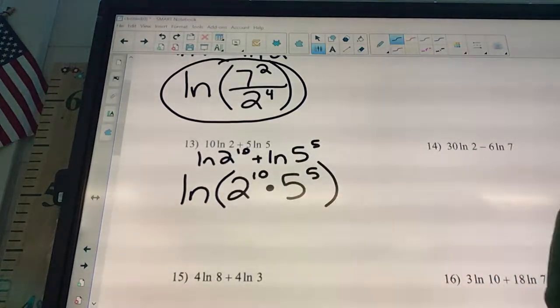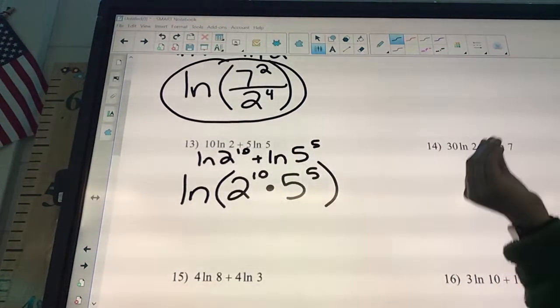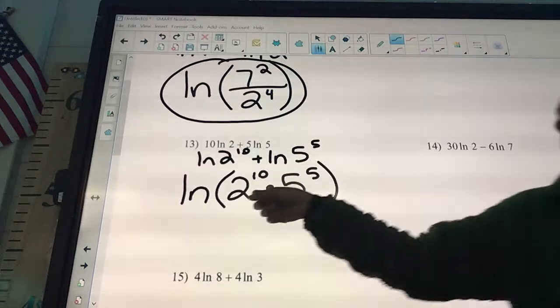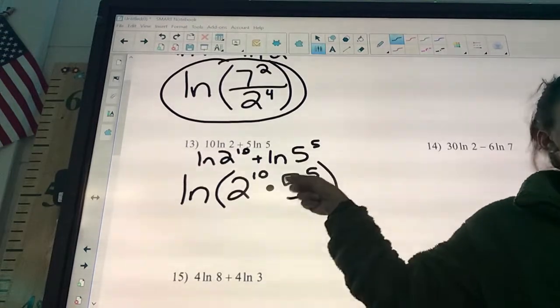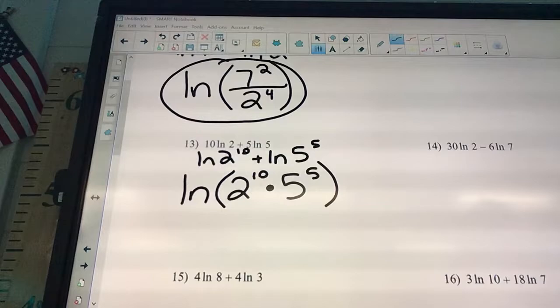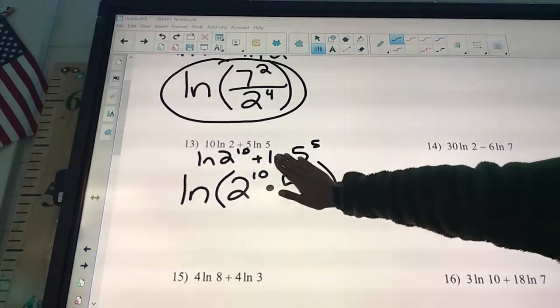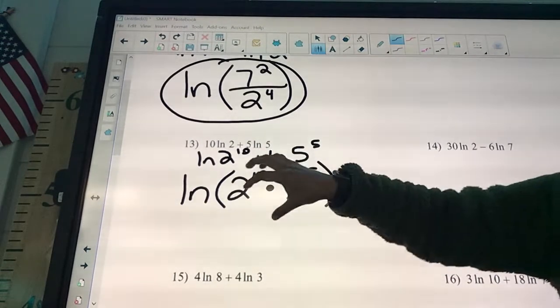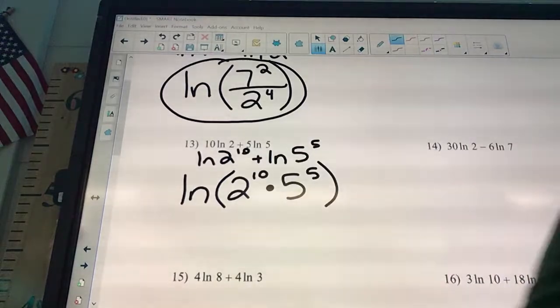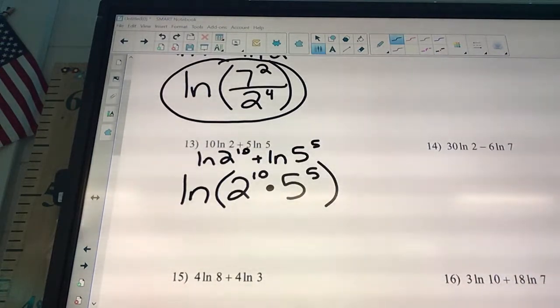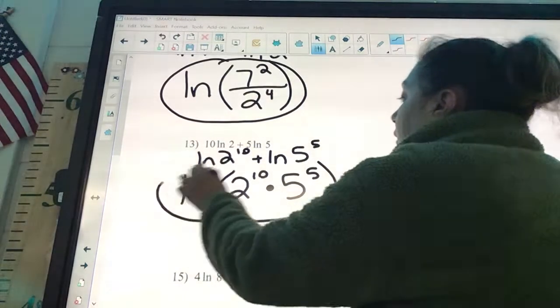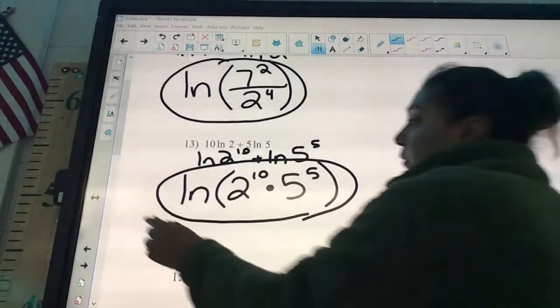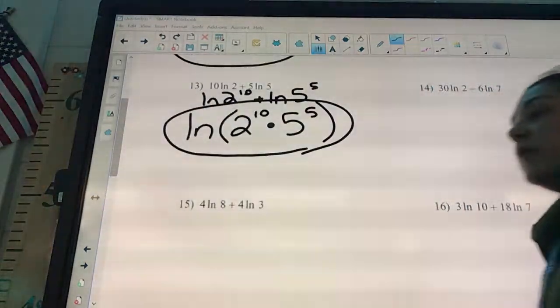A bunch of you are trying to type this in your calculator. You do not, just like the last one. Only if it's one digit. If it was just the 2 to the 10th, then you can type it in your calculator. But because we have 2 of these, we leave it just like that. Unless it's single? Yep, if it's single.